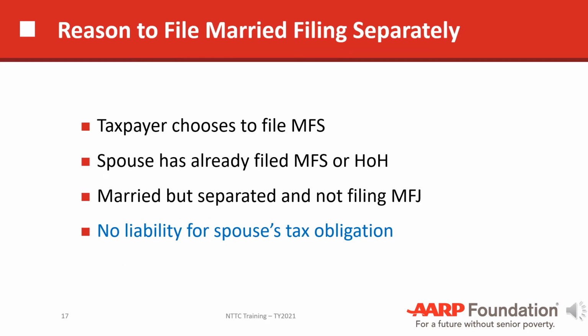Why do some married couples choose to file separately? Well, because perhaps they just want to keep their finances separate. I have a client that filed jointly, but their lives were so complicated, and one of them had a much more complicated life with a lot of rental property than the other.